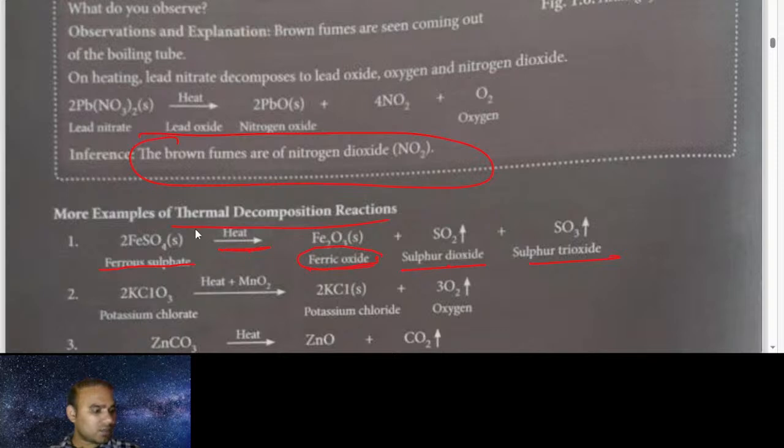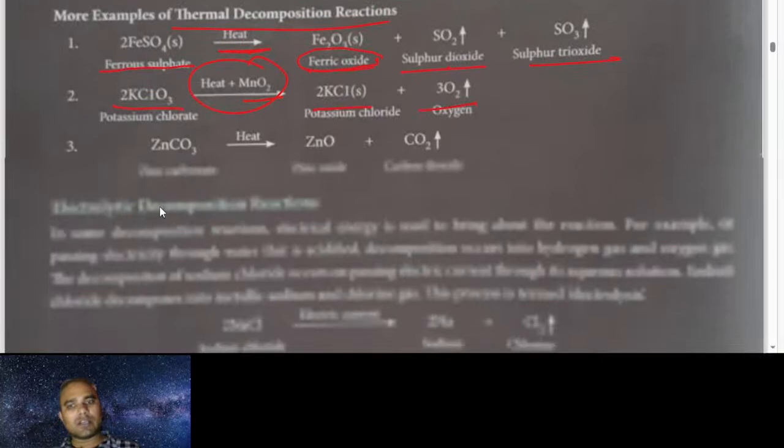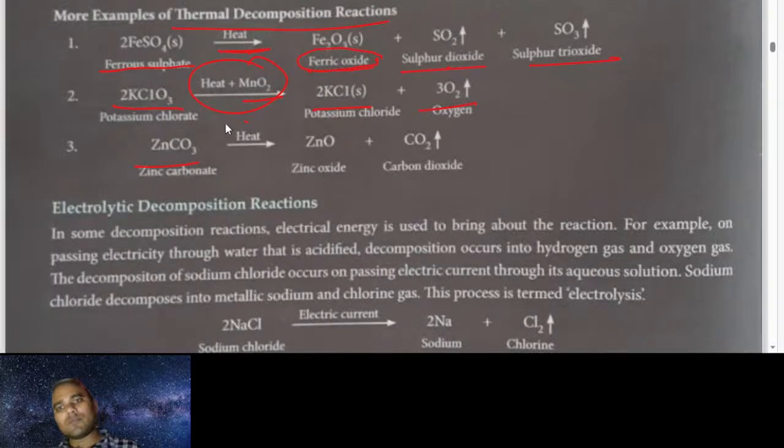Now let us move on to potassium chlorate, KClO3, heat you are giving and catalyst MnO2. It will give KCl plus 3O2. So this is also thermal decomposition. Zinc carbonate is there, you give the heat, it gives ZnO plus CO2.